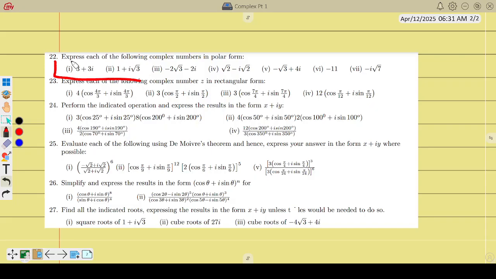So we've talked about this. Question 22: express each of the following complex numbers in rectangular form. Rectangular form is very easy, like what I've discussed. When you see rectangular, it means you get rid of the cos. Here you have to evaluate cos pi over 2, simply meaning cos 90.